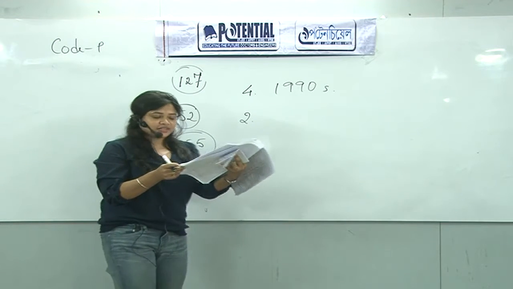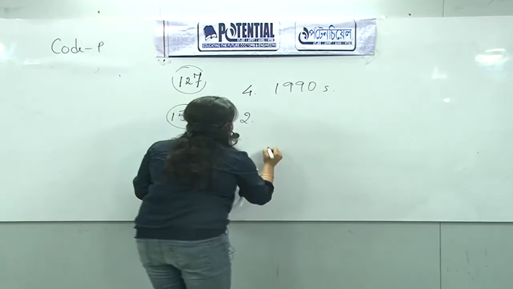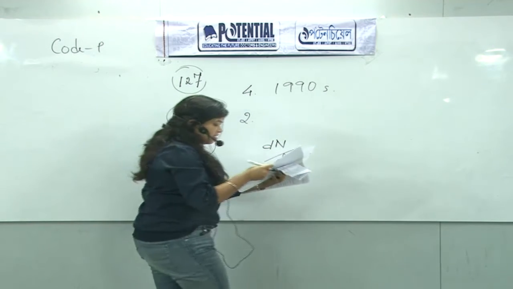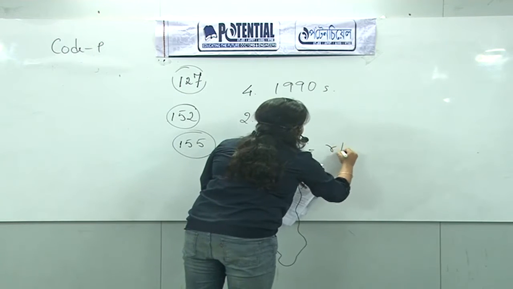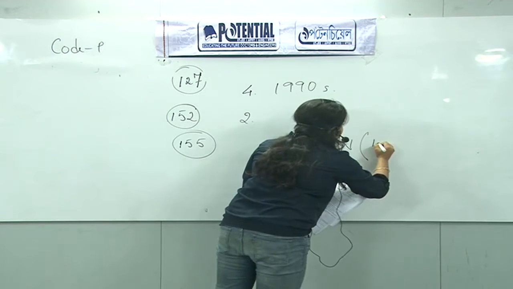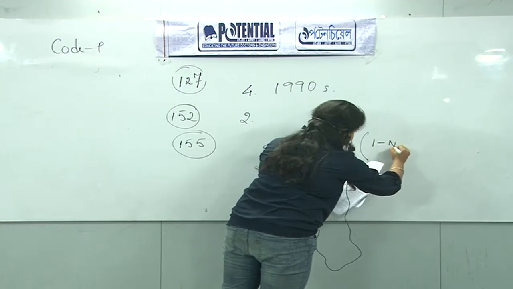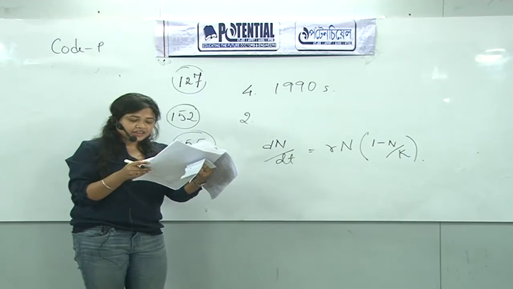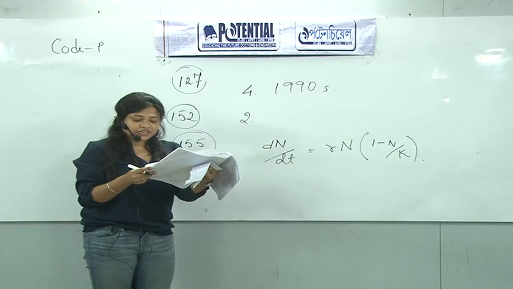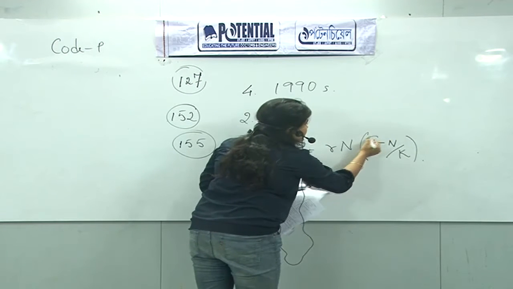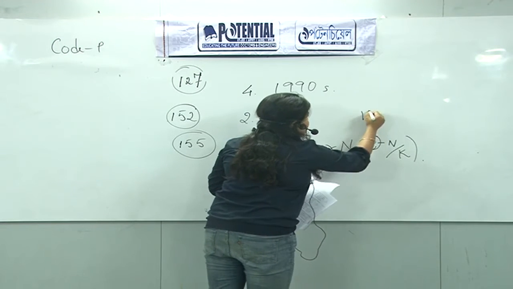The logistic model is given here: dN/dt = rN(1 - N/K). The question is when the growth rate of a population is 0. Here this factor represents K.